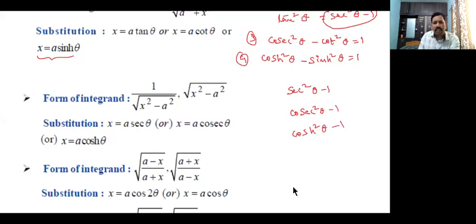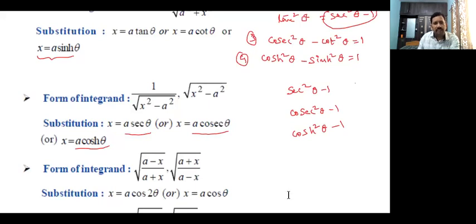These formulas are there. Secant square theta minus 1 means tan square theta. Cosecant square theta minus 1 means cot square theta. Cos h square theta minus 1 is equal to sin h square theta, like that. So in place of x, we can take a secant theta, a cosecant theta, or a cos h theta.